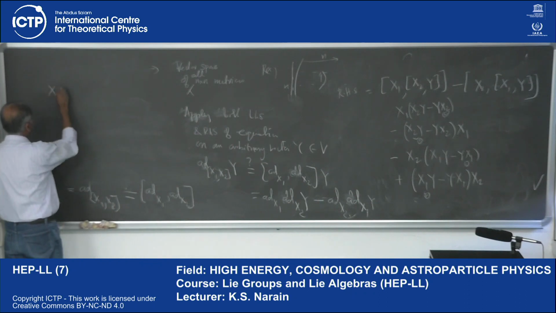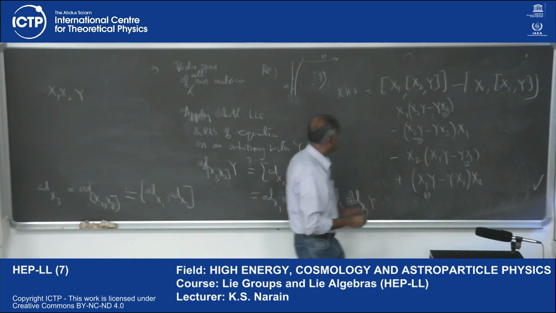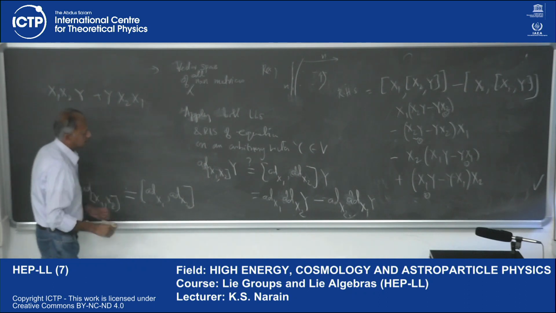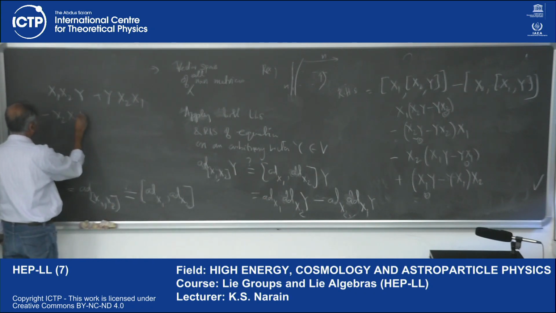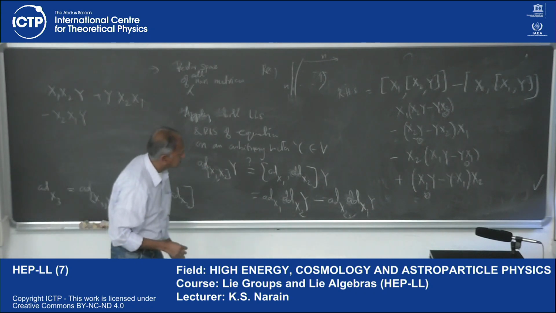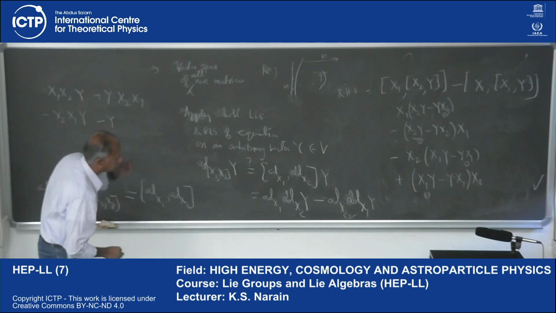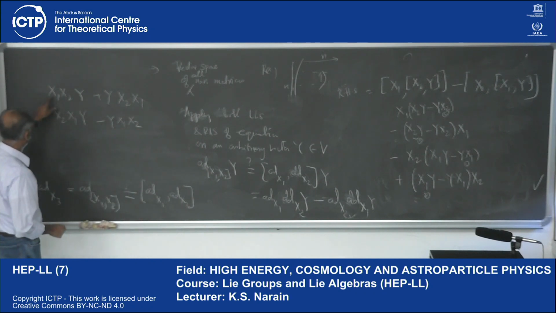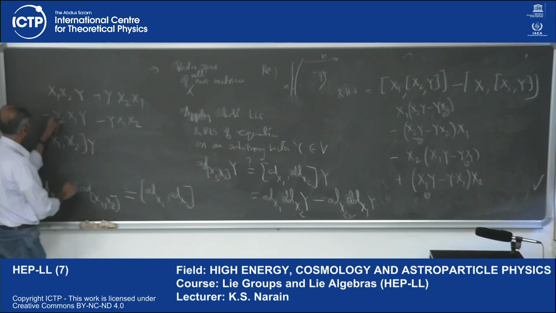So the first term left over is x1 x2 y. And then from the second, minus plus, the term x2 y x1 is left over. From here you get minus x2 x1 y, and from the last term, minus y x1 x2. Now these two things, you realize, are nothing else but the commutator of x1 with x2 times y.